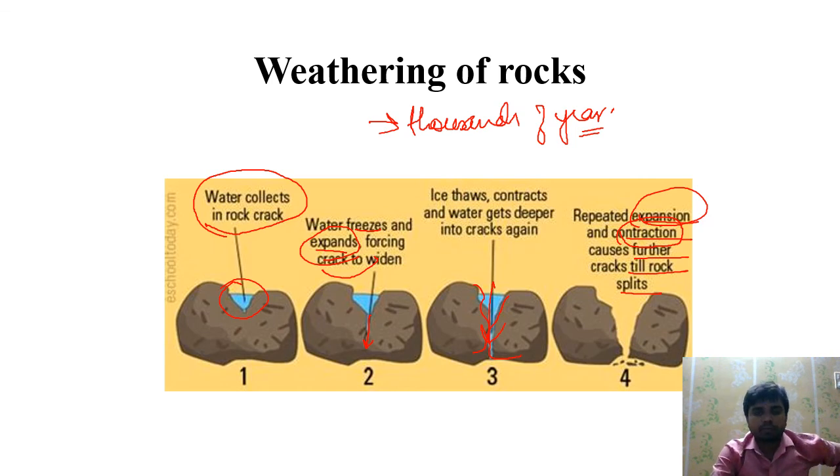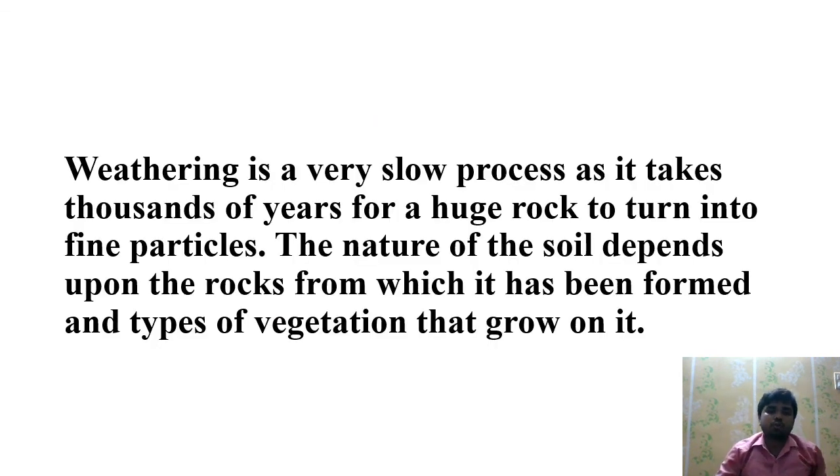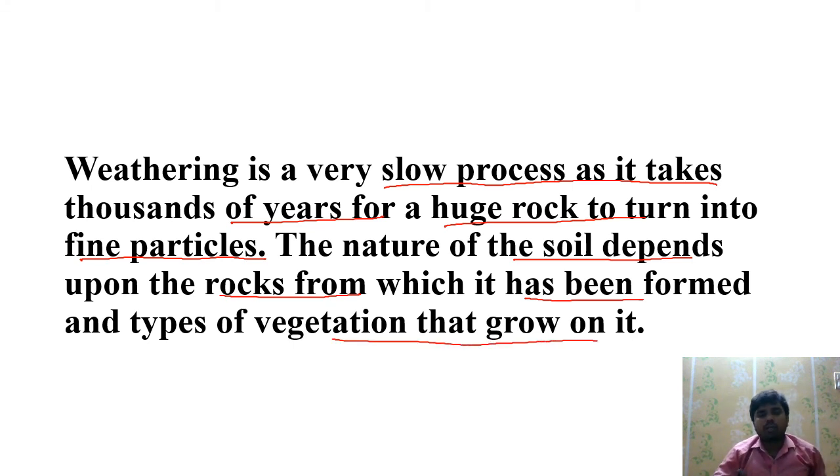Okay, now weathering is a slow process, as it takes thousands of years for a huge rock to turn into fine particles. The nature of the soil depends on the rock from which it has been formed and the types of vegetation that grow on it. So we can find different types of soil at different places.